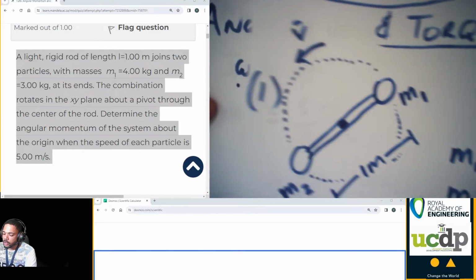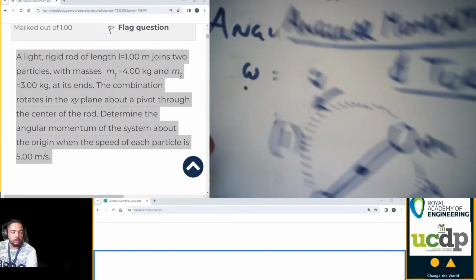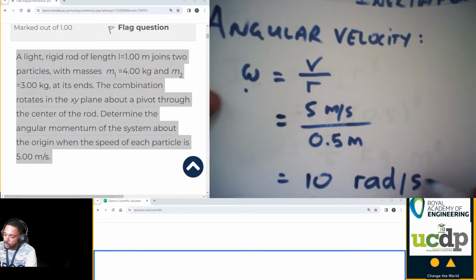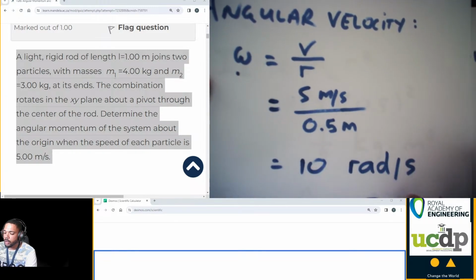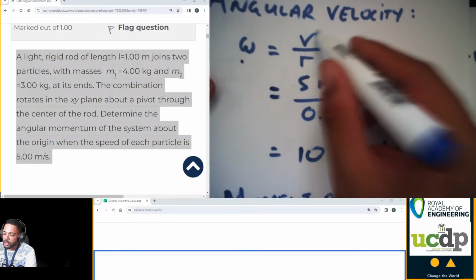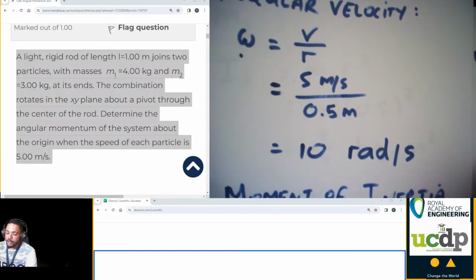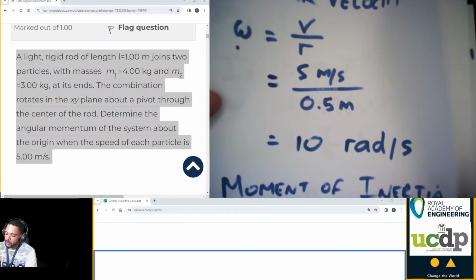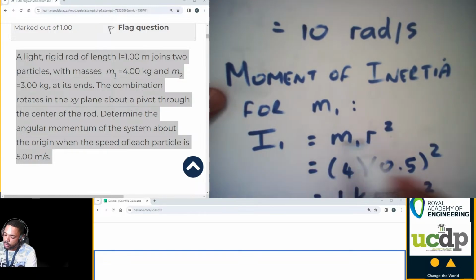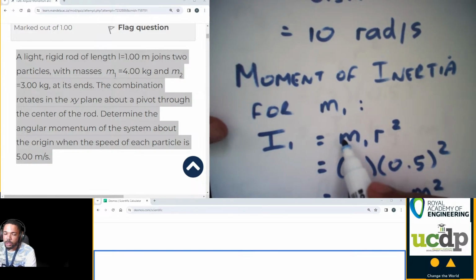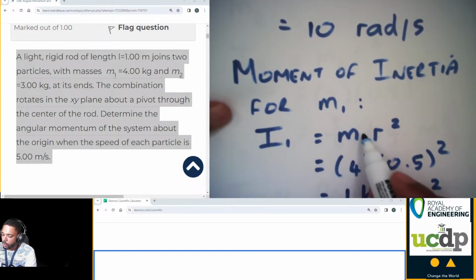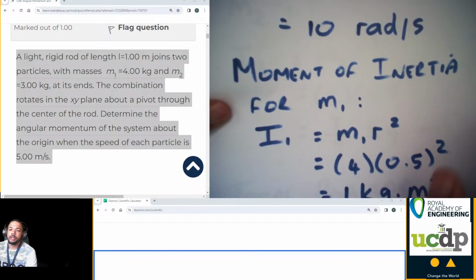Since they are attached to the rigid rod, which is not bending, the angular velocity will be the same for both of them. Angular velocity is just the linear velocity that they've given us divided by the radius. The moment of inertia for each one is the mass of the particle multiplied by the radius squared.